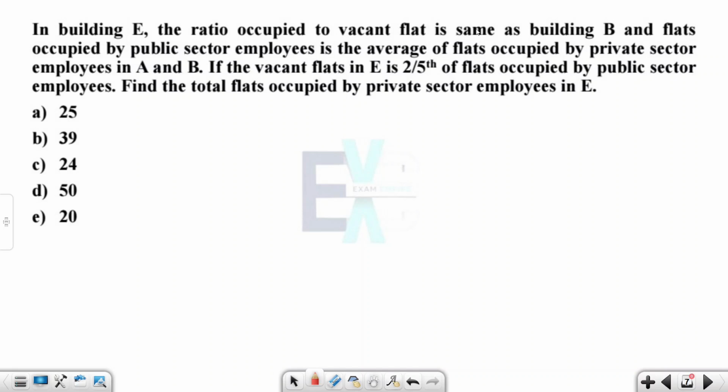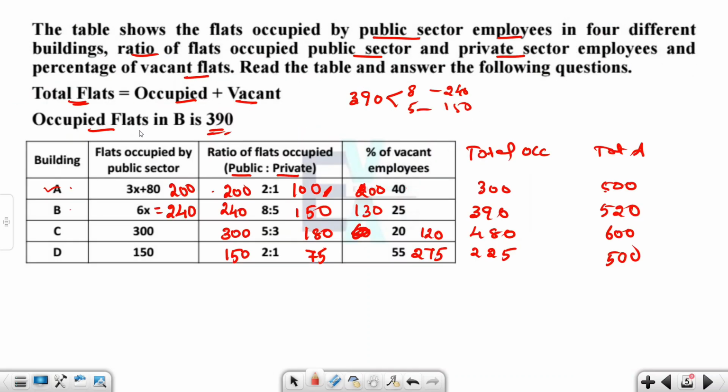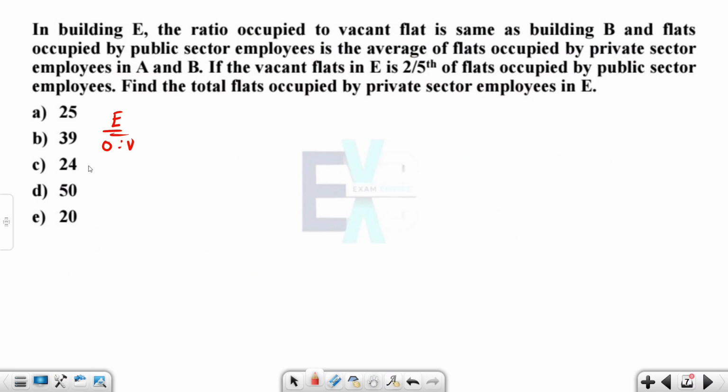Okay, so in building E, the ratio of occupied to vacant is the same as building B. So what is that in building B? 25% vacant, in the sense 75% occupied, that is a 3:1 ratio, right?